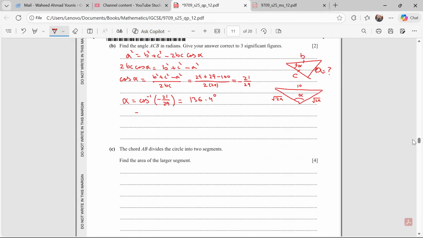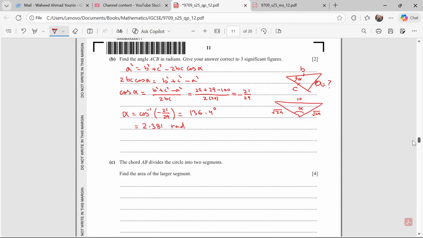But they want us to give an angle in radians, so I will multiply this by pi over 180. And it gives me 2.381 radians. Okay, so this is the angle alpha, or whatever they use, ACB in radians.